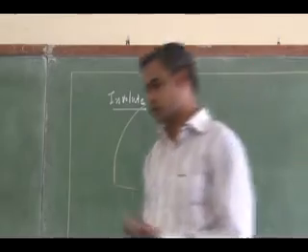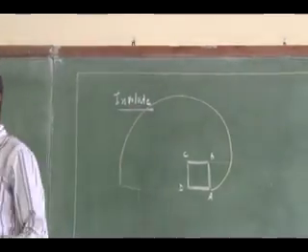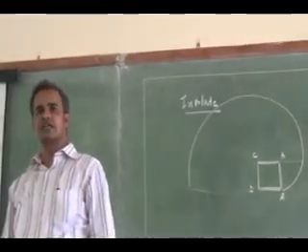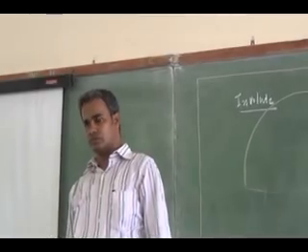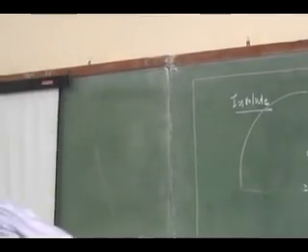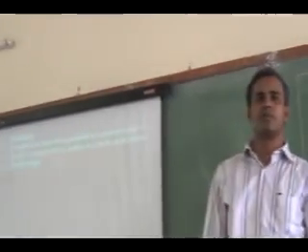Right. So the definition is, if a polygon or a circle, okay, involute. This is a spiral curve.